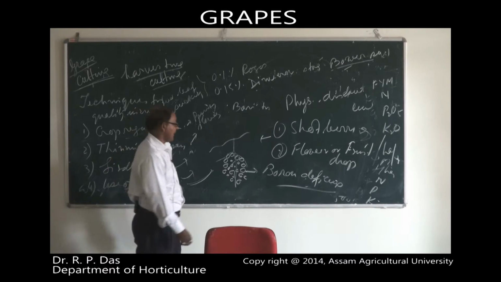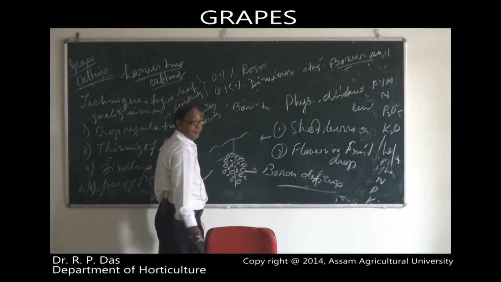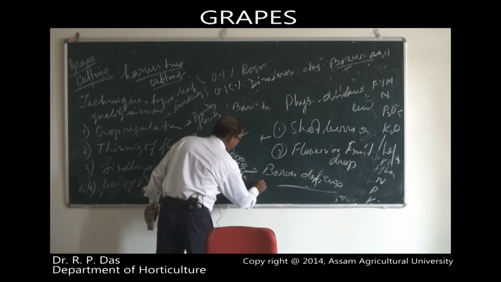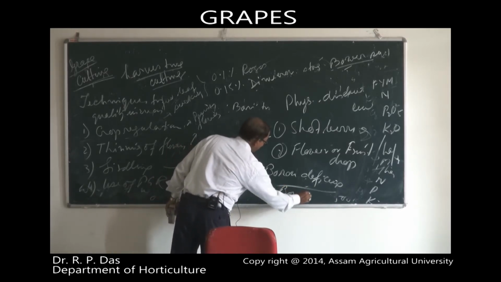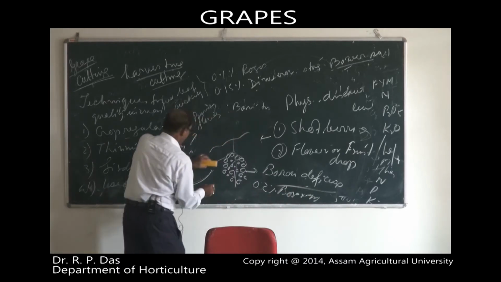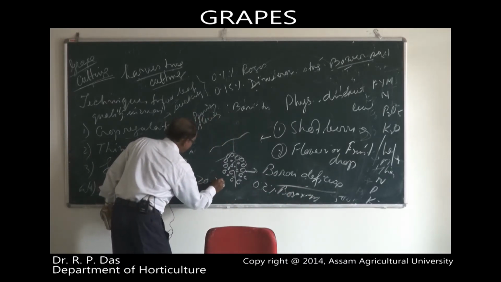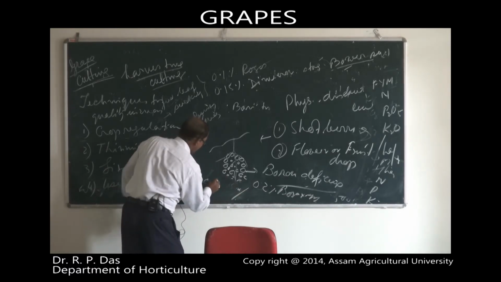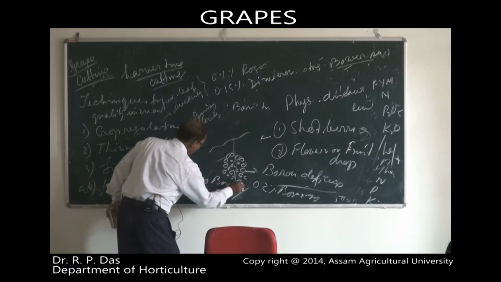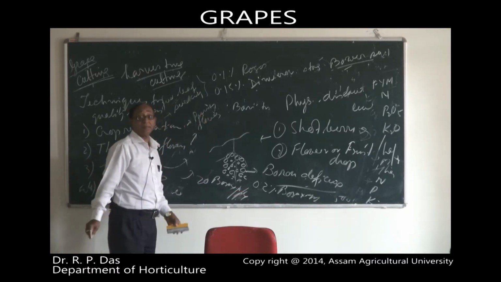So here we have to go for 0.2% borax spray or 20 to 30 gram borax per plant, 20 gram borax per plant as soil application.